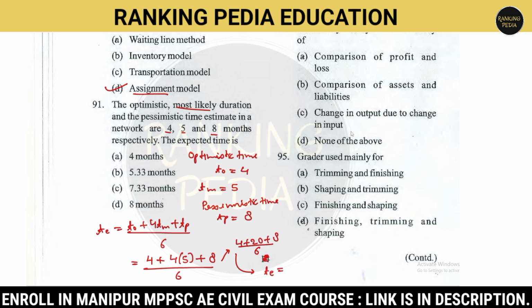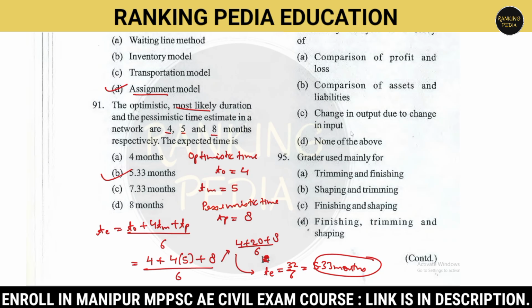You will get an approximate value of 5.33. So option B is correct. TE, which is the expected time, is 5.33 months.